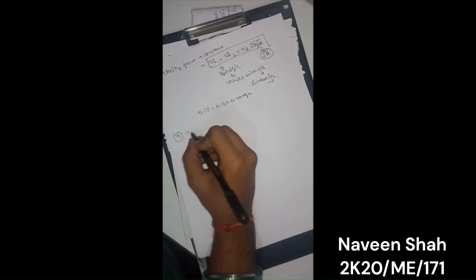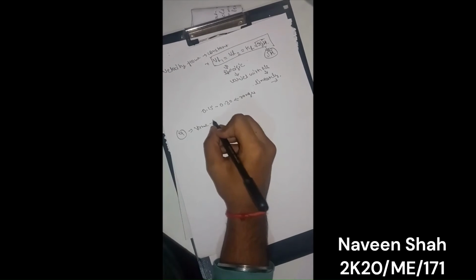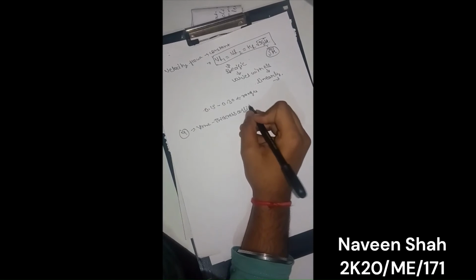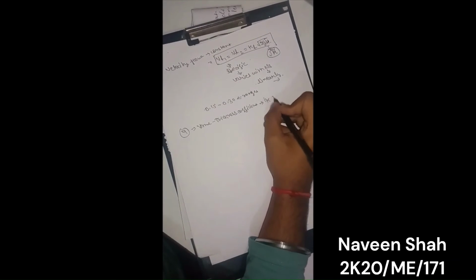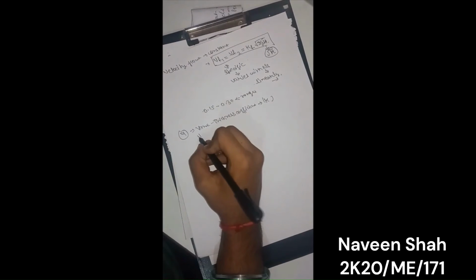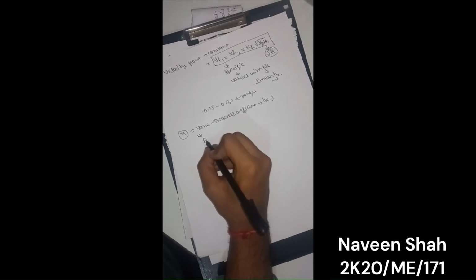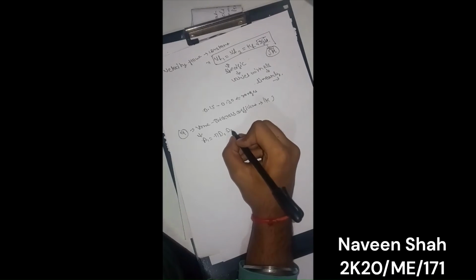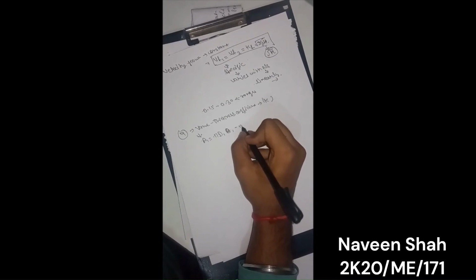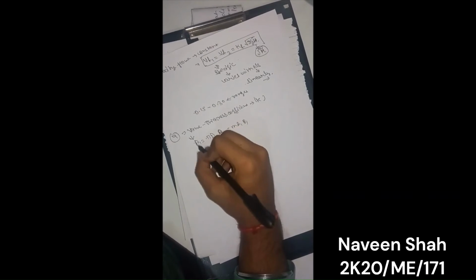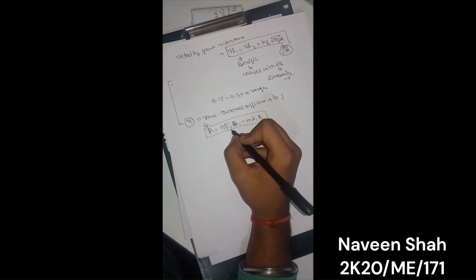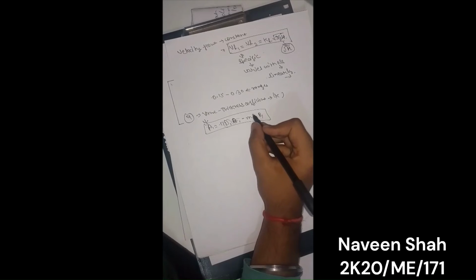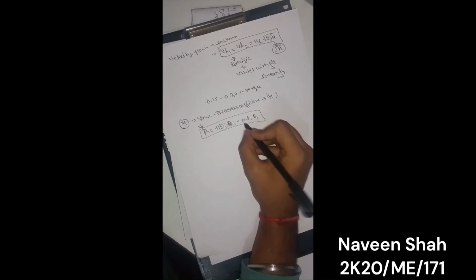The fourth parameter is the vane thickness coefficient, denoted by K. We know that the area of the vanes is usually given by A equals pi D1 B1 minus m t B1. Here D1 is the diameter of the vane at inlet, B1 is the width of the vane at inlet, t is the thickness, and m is the number of vanes.